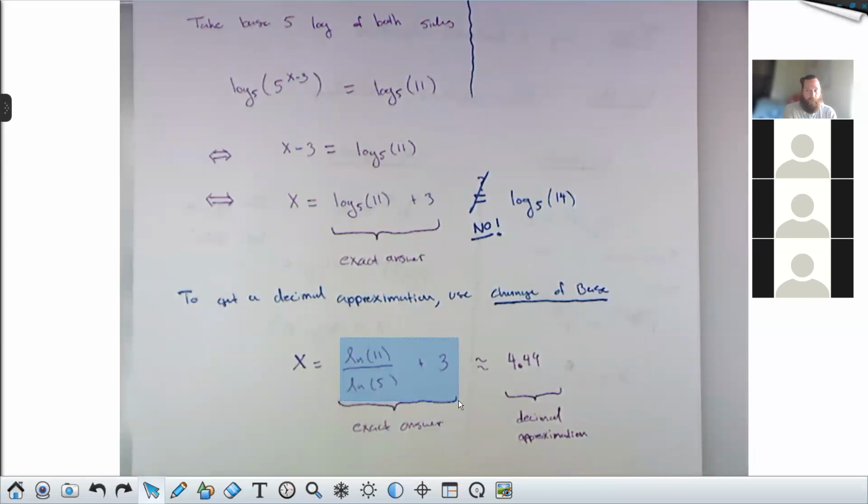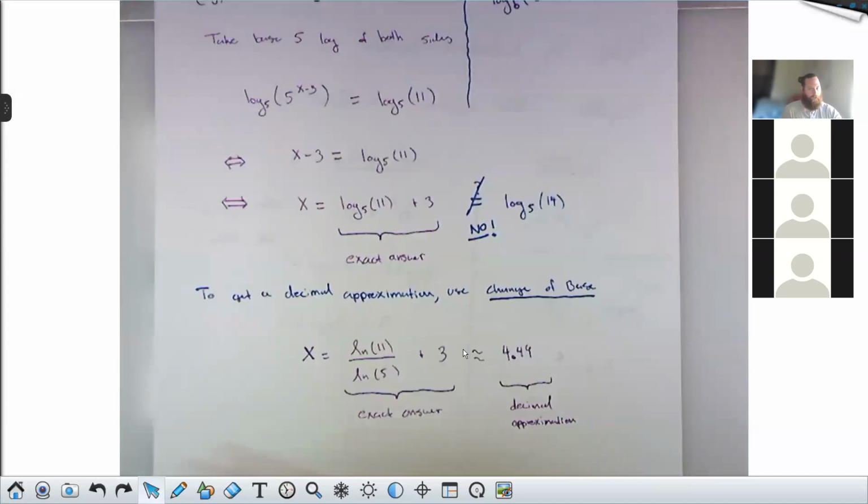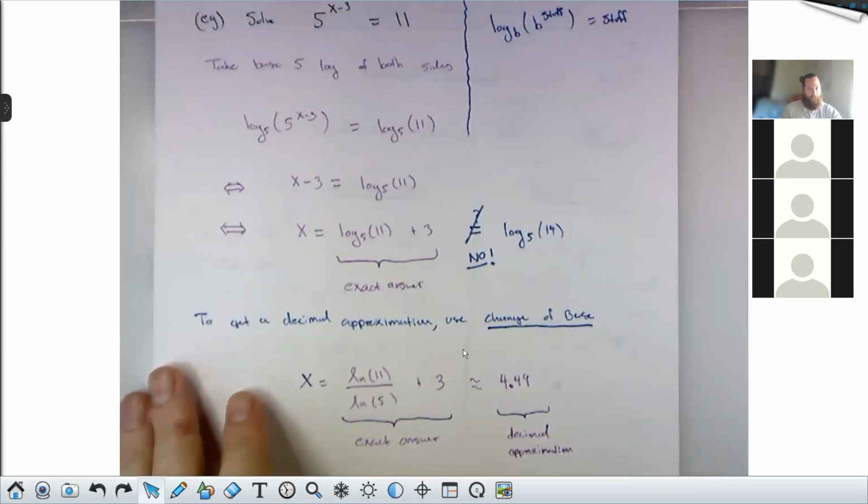So for us, especially in this class, it would be cool if we had an equation solving process that led us naturally to this form of the exact answer rather than getting to this and then using the change of base. So I'm going to solve the same equation slightly differently. And then from here on out, I'm going to solve all exponential equations in that way. Now, before I do that, are there any questions about any of the steps here?